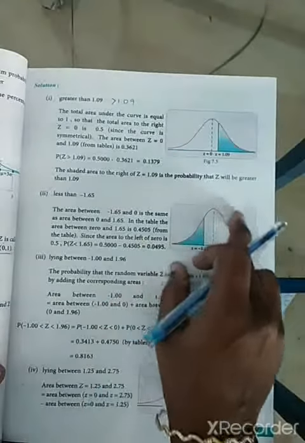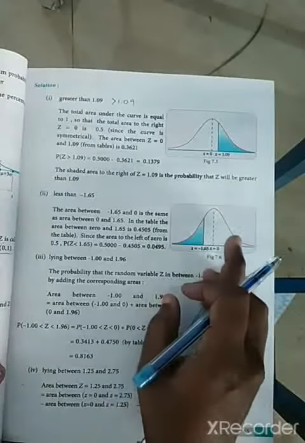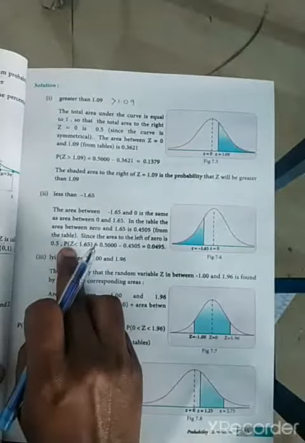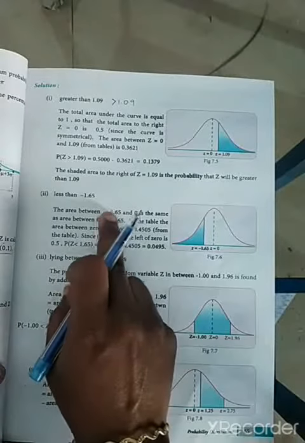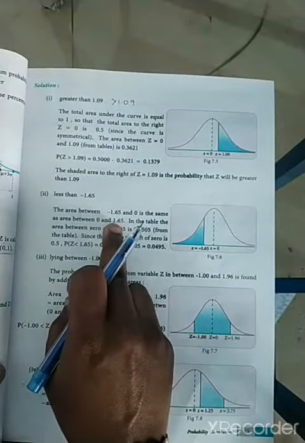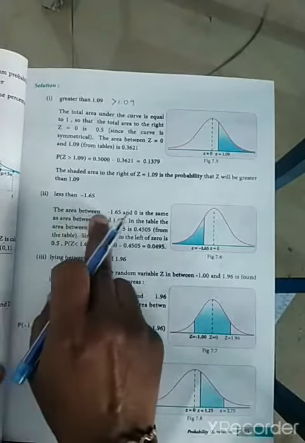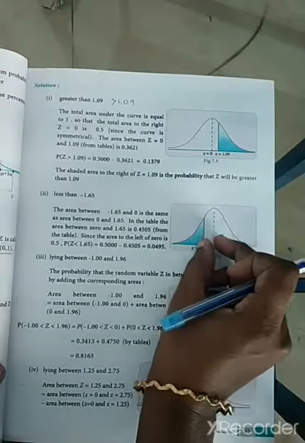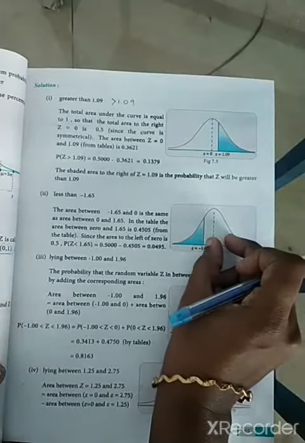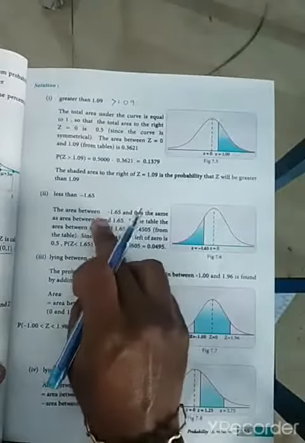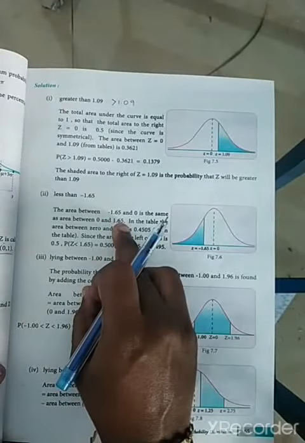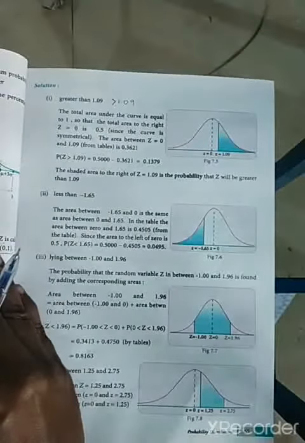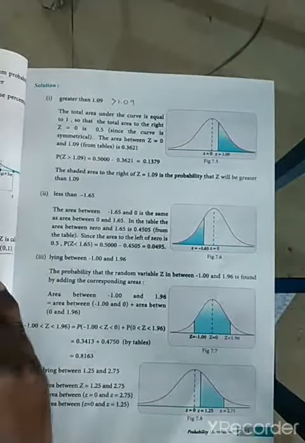Since the curve is symmetrical, I can say we can take minus 1.65 or plus 1.65. The area between minus 1.65 and 0 is equal to the same area between 0 and plus 1.65. Why? Because both are symmetrical: where you use the right hand, you can use the left hand, because both hands are symmetrical.